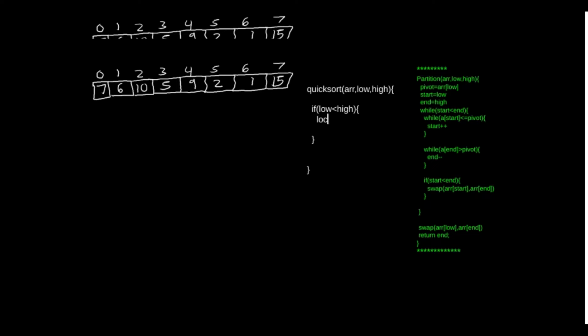This is basically our base case, because we're going to make recursive calls. We get our local variable loc, and so we call the partition function here: partition array, low, high.